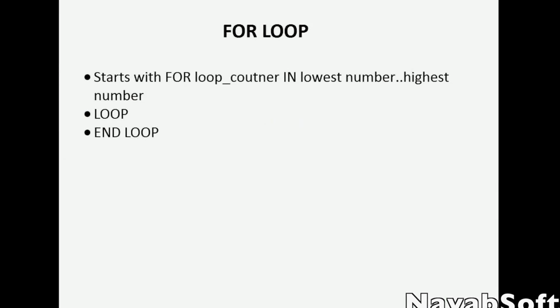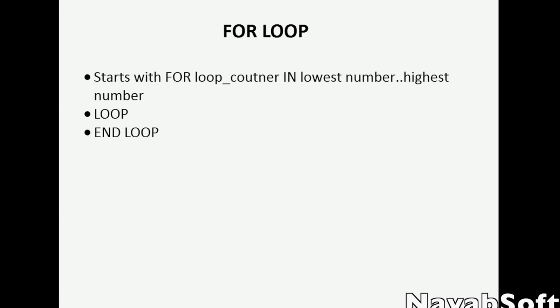A FOR loop executes a loop a fixed number of times. After the FOR keyword, a loop counter variable is provided. This can have any variable name, and we do not need to declare it in the declarative part.